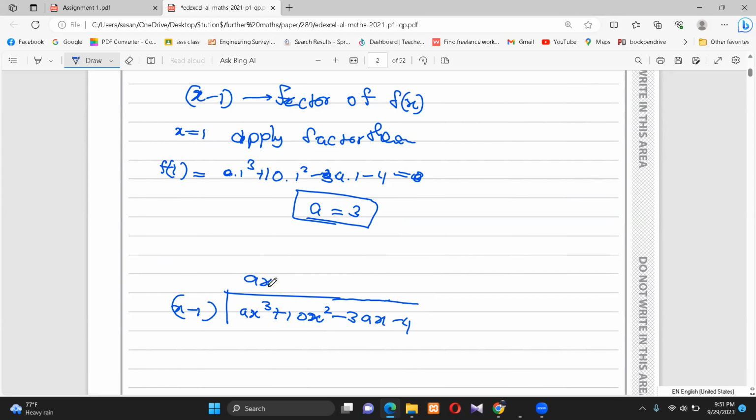This becomes ax squared: ax cubed minus ax squared. This part cancels off, leaving 10 plus a times x squared minus 3ax minus 4.